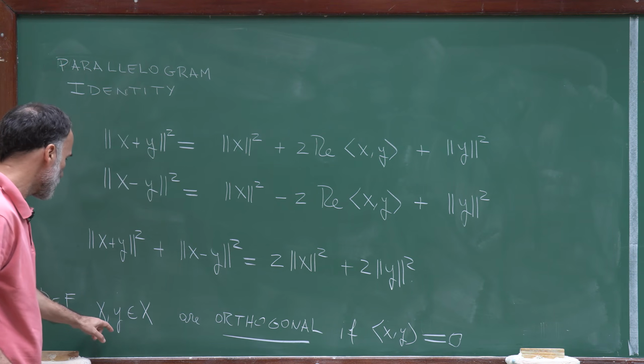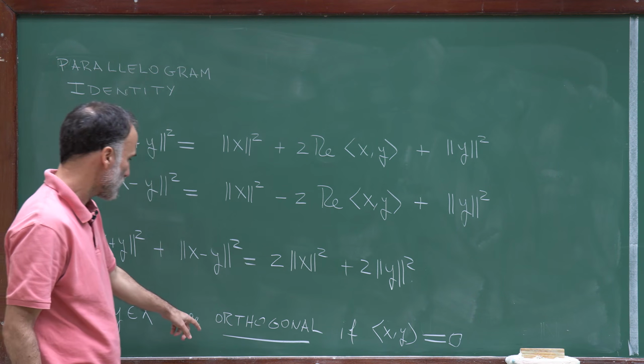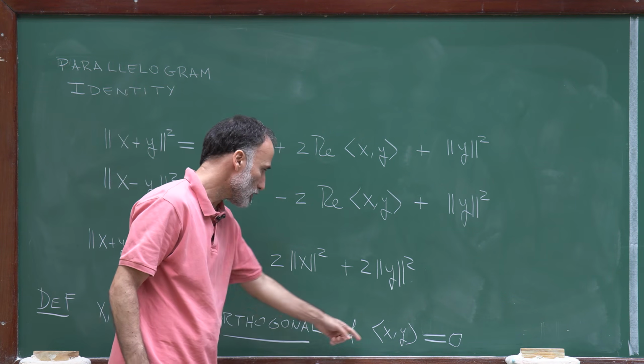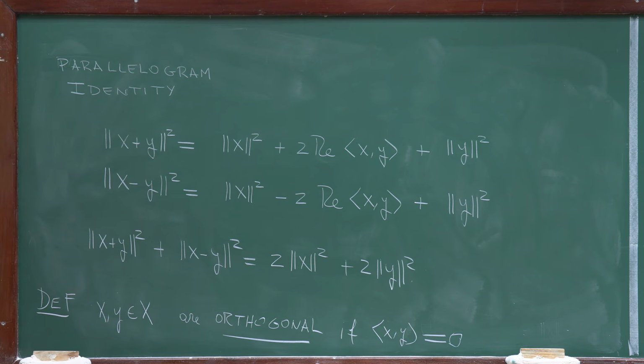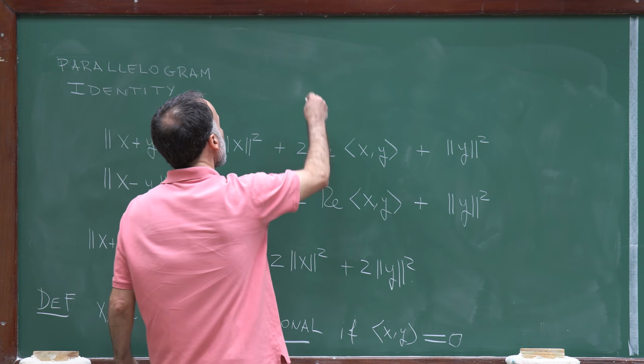So 2 vectors in X will be said to be orthogonal if their scalar product is equal to 0.